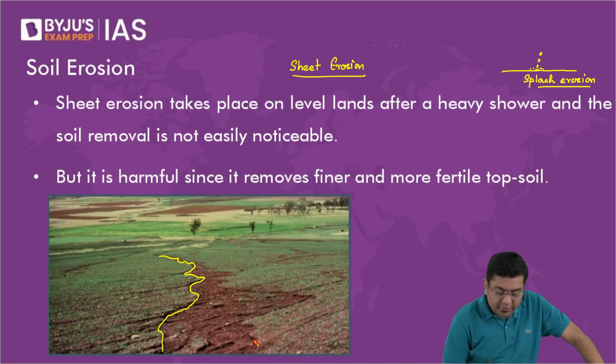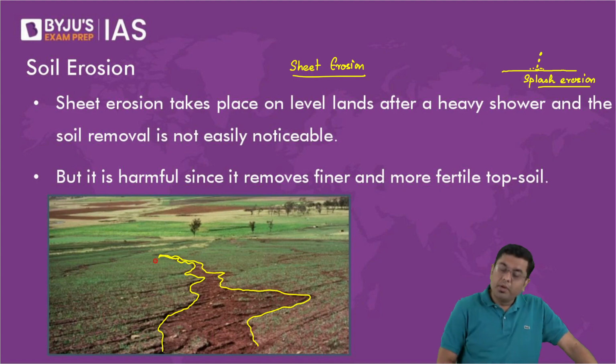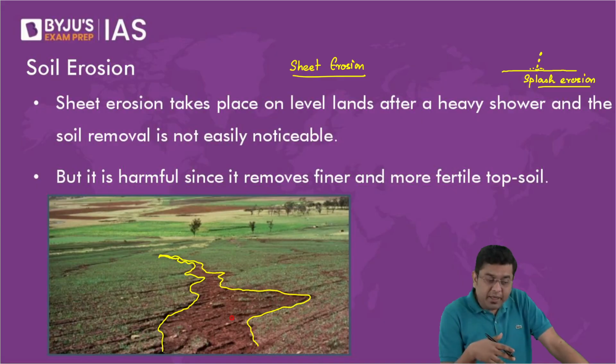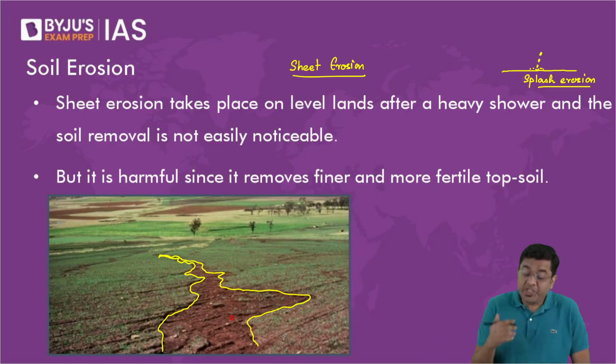The soil in this particular area has been eroded. So this is where the topsoil has been eroded. The topsoil has been removed. That is what is referred to as sheet erosion.